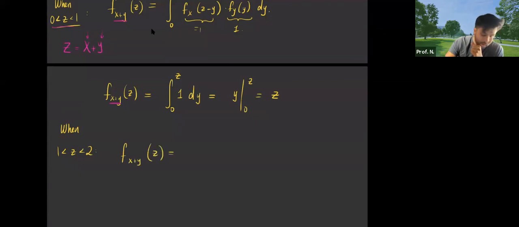According to our formula here, we have the integral of the same thing, right? f of x at z minus y times f of y dy, and dy goes from, so the upper bound here is 2, and then the lower bound in terms of y is z minus 1.